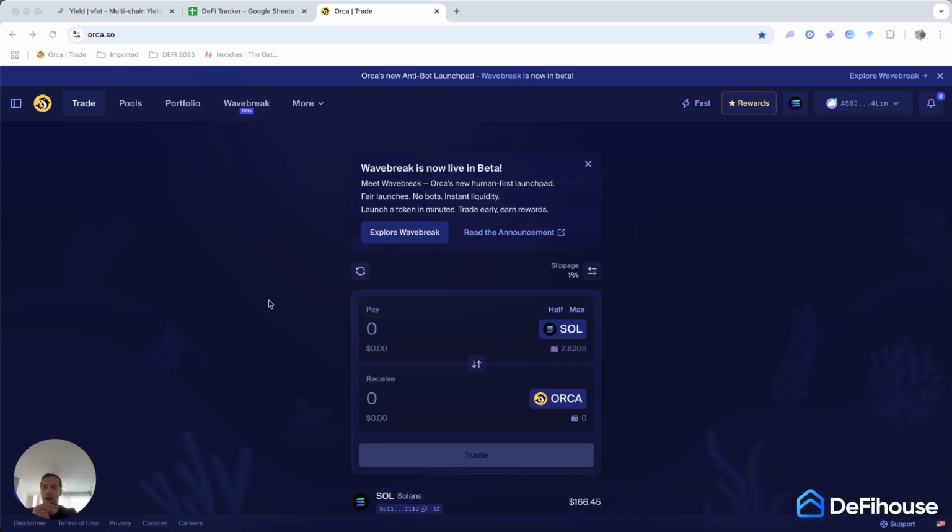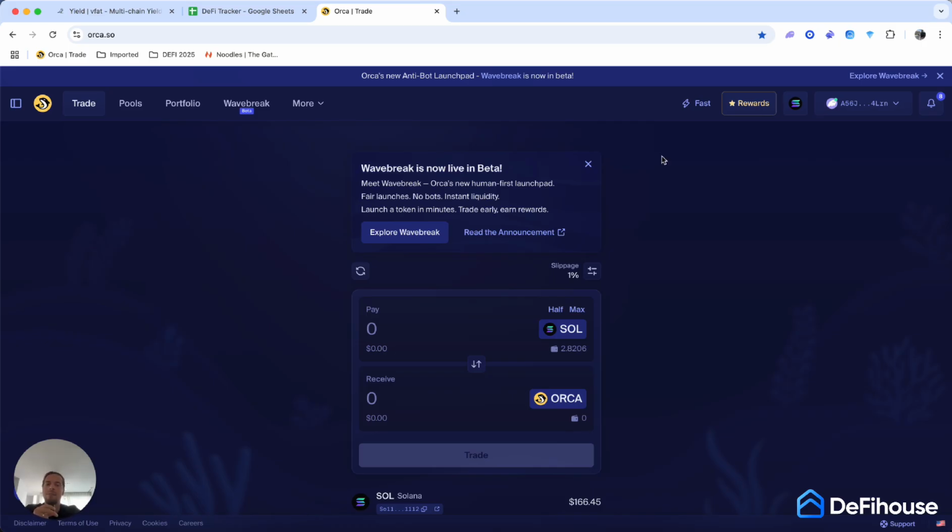Okay, so we are now on Orca, and Orca is one of the most well-known DeFi protocols on Solana, and it's one of the biggest, not the biggest, but one of. And I really like Orca because of the UI experience and how good and smooth the whole protocol is.